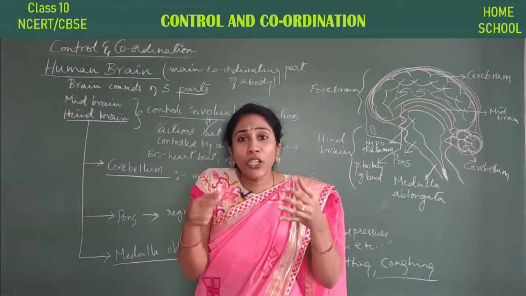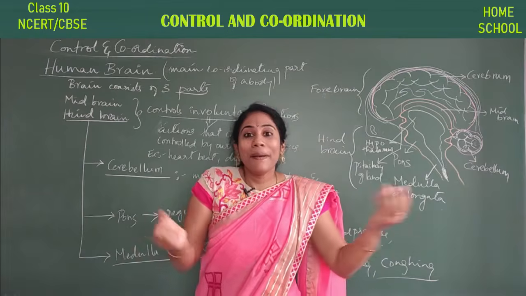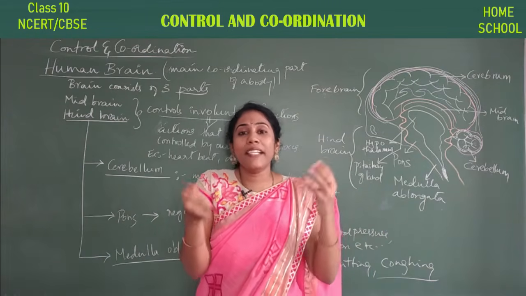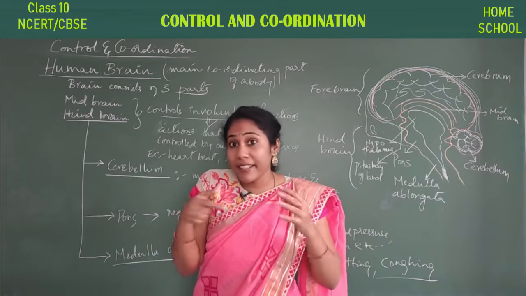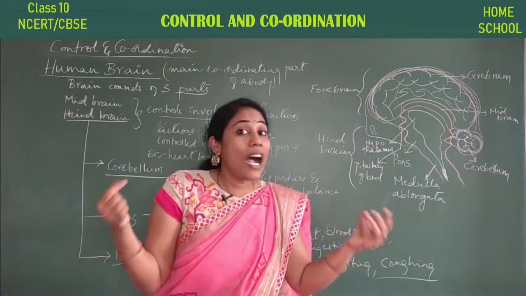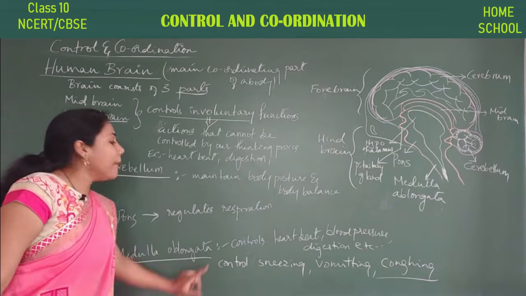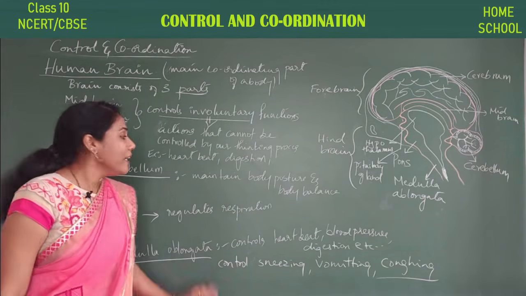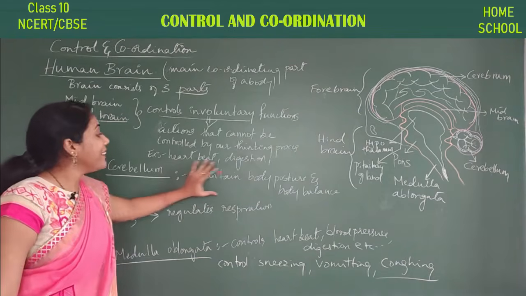Say if you want to control it, can you? We can't. It's not in our hand. But these sneezing, vomiting, coughing activities are maintained by whom? They are maintained by the medulla oblongata. Okay, so these are the three parts of the hind brain and their functions.